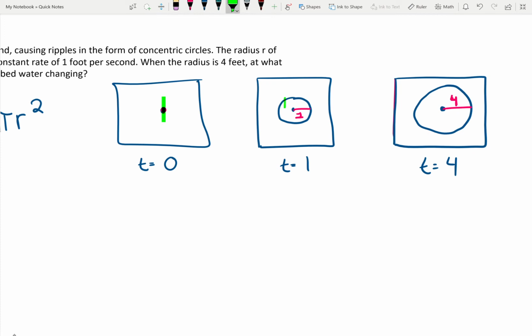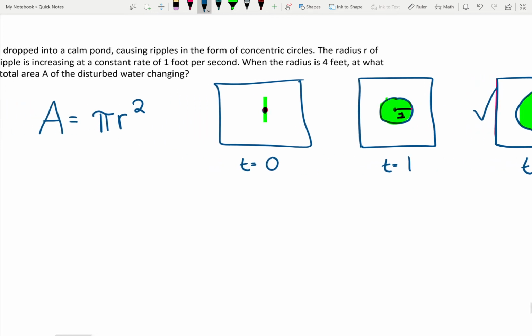But if we come over here, the area of the circle has increased, and if we come over here, the area has increased yet again. So the question is, at this point right here, when the radius is 4, at what rate is the area growing?